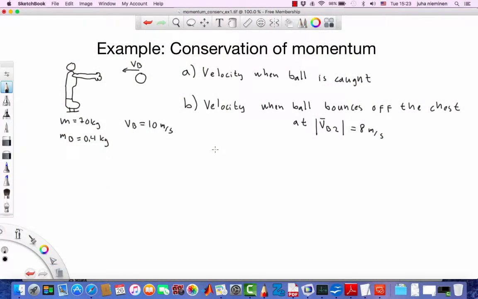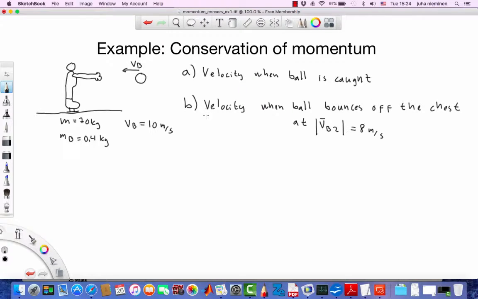Here is a problem set up for our example. We have a person standing on an icy surface with skates on, and a ball is thrown at him at a certain velocity VB. In the first part of the question, the person catches the ball, and we would like to know the velocity of the person holding the ball when the ball is caught.